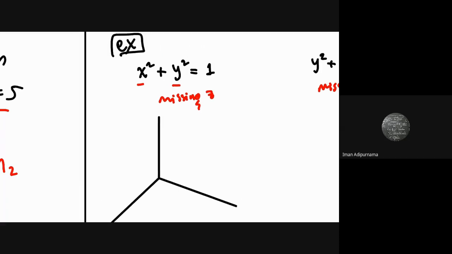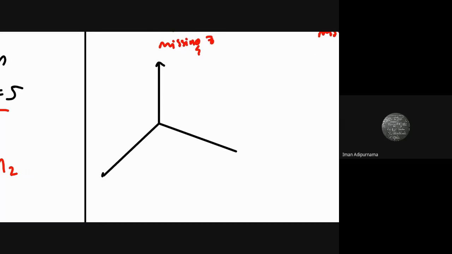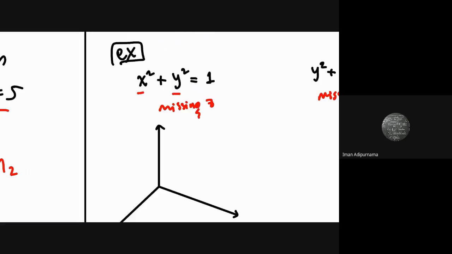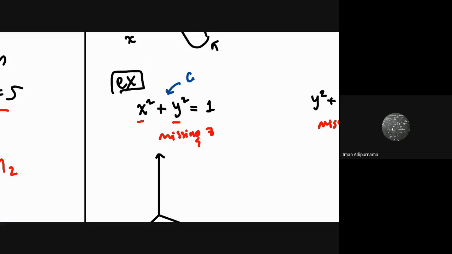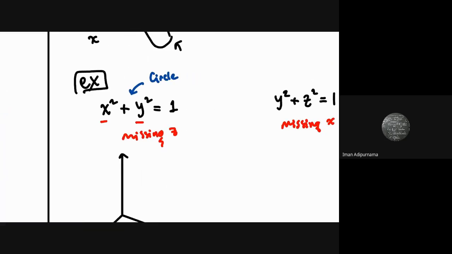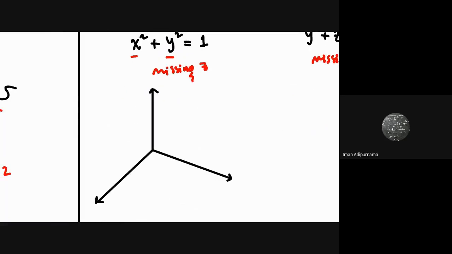Of course, if you just see the equation, it means a circle in terms of the xy plane. So if this is xy, this is x, this is y, and this is z. We will have a circle in the xy plane, and the circle has a radius equal to 1.